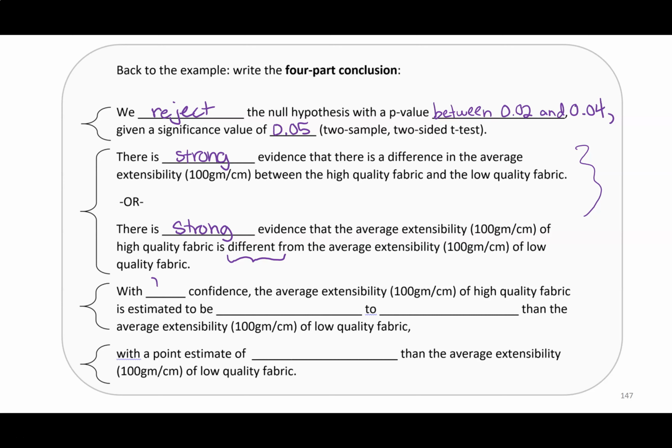So then with 95% confidence, the average extensibility of high-quality fabric is estimated to be 0.114 higher, because it's positive, to 0.838 higher than the average extensibility of low-quality fabric, with a point estimate of 0.476 higher.